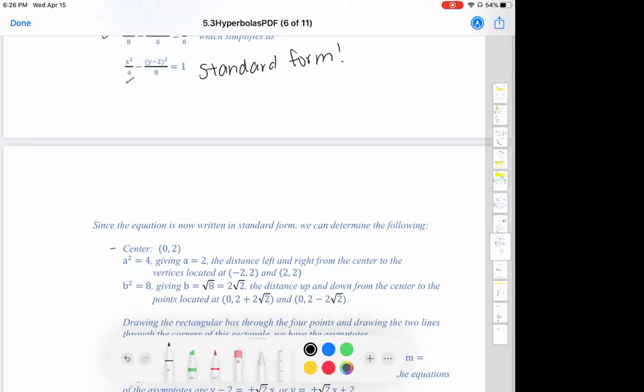And we have a b squared of 8, giving us b is square root of 8, or 2 square root of 2. So you can always see the decimal form, and square root of 8 gives us 2.8. So square root of 8 is about 2.8. So that means we're going to add up and down from the center 2.8.